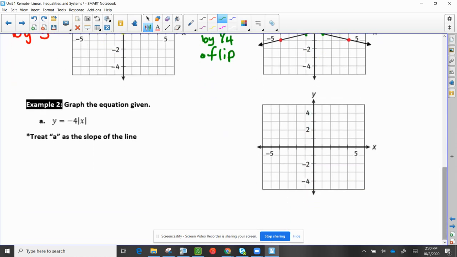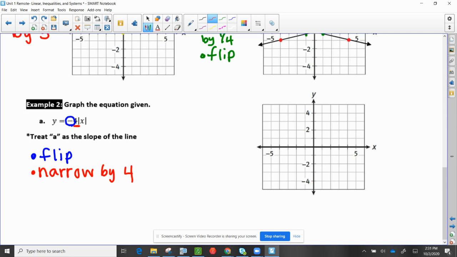So now let's apply this to a graph. So we have the graph of y equals -4 absolute value of x. So we have 2 transformations happening here. We have a flip because of that negative in front, and then I also have a graph that is more narrow by a factor of 4.